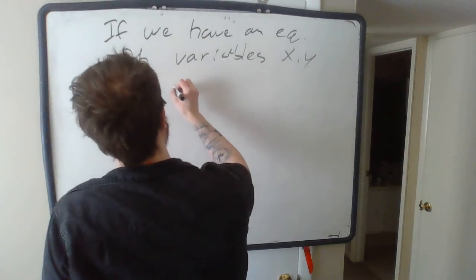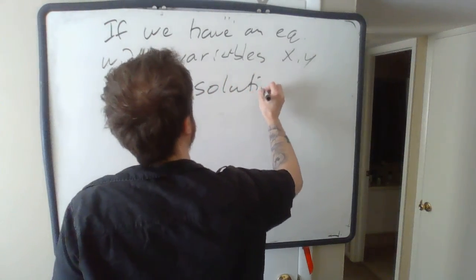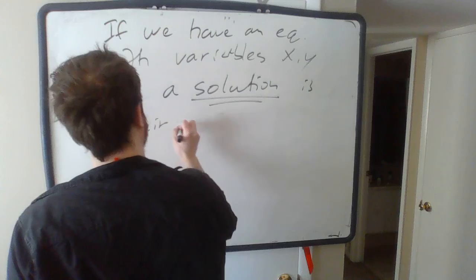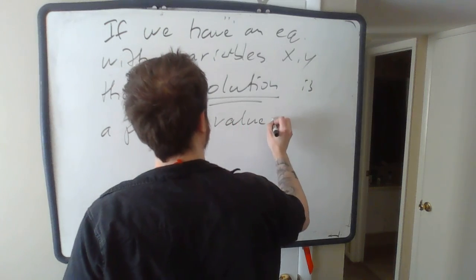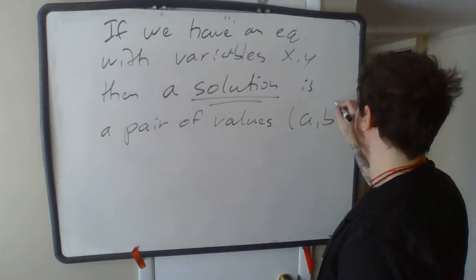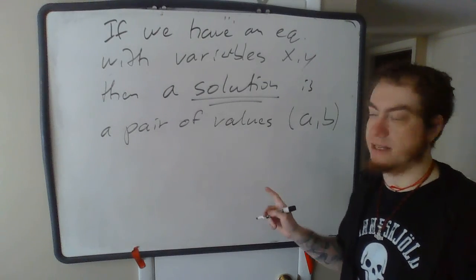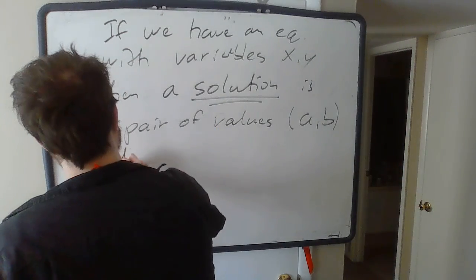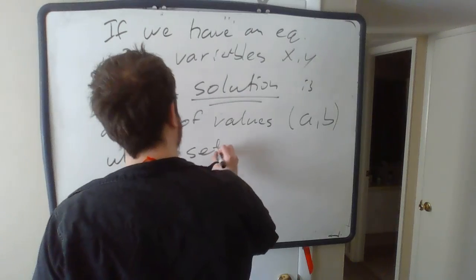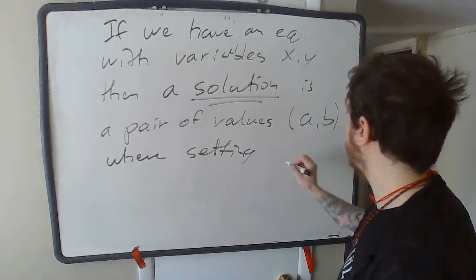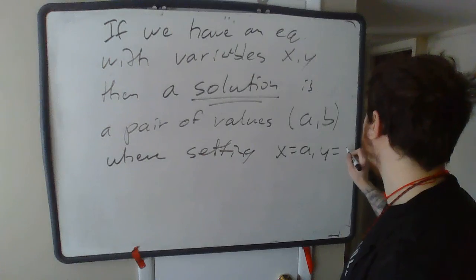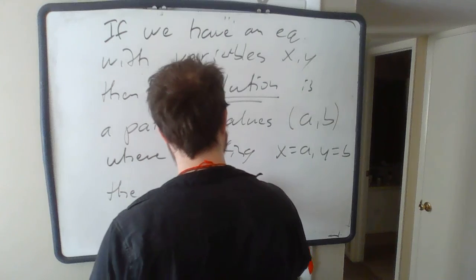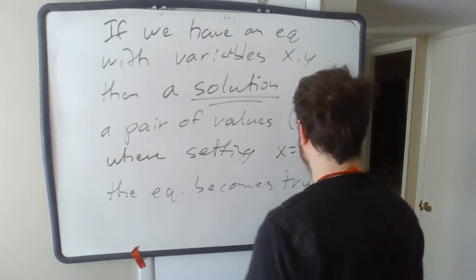So a solution is a pair of values, and let's just call them A and B. And what we want to say is that when you set x equal to A and y equal to B, the equation becomes true.